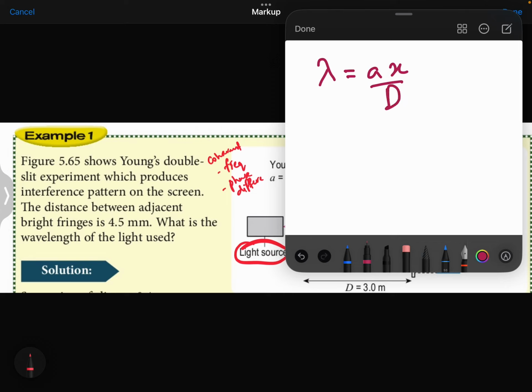The distance between adjacent bright fringes is 4.5, so this is the value of x. 4.5 millimeter is equal to 4.5 times 10 power negative 3 meter. Millimeter is 10 power negative 3. And then what other information do we have?